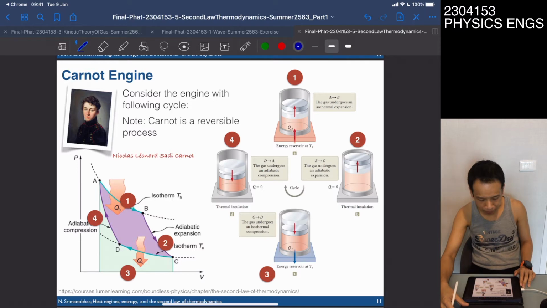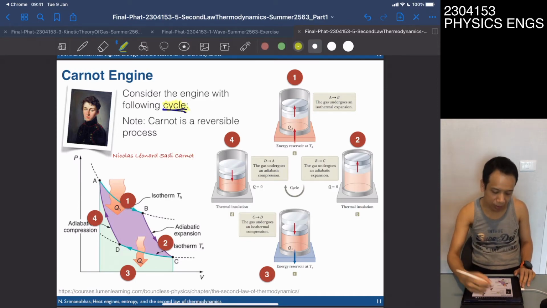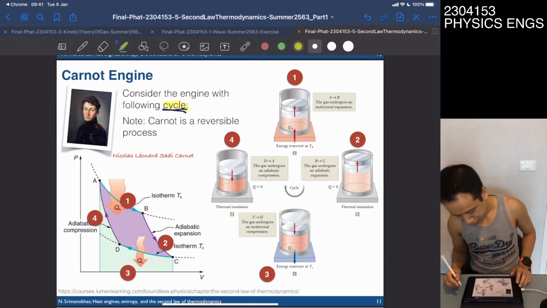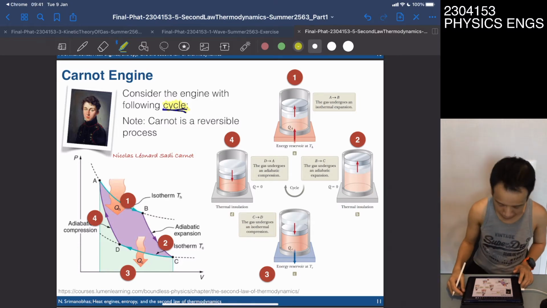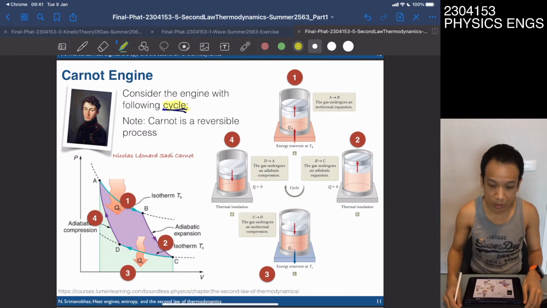It's considered that things happen as cycles. So the process goes back to the same temperature, which means that the change of the internal energy becomes zero. Note that the Carnot engine is a reversible process.